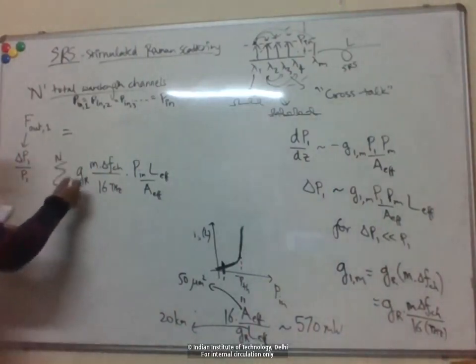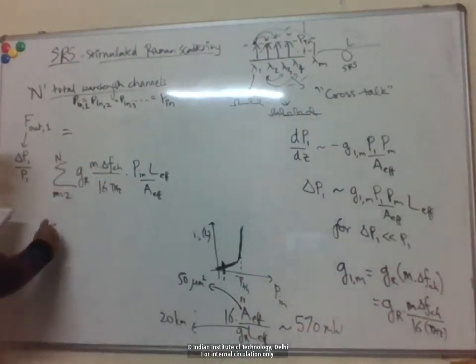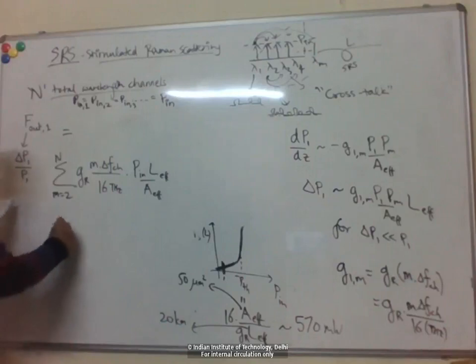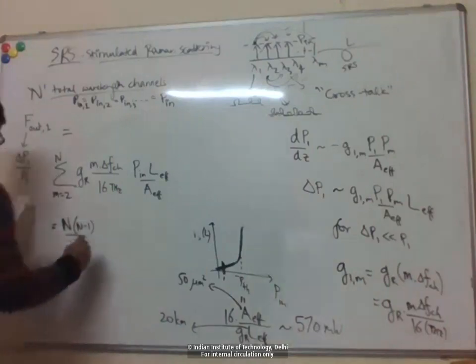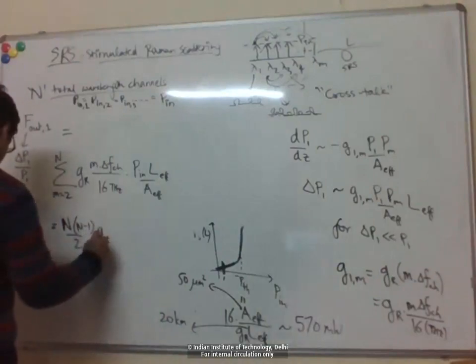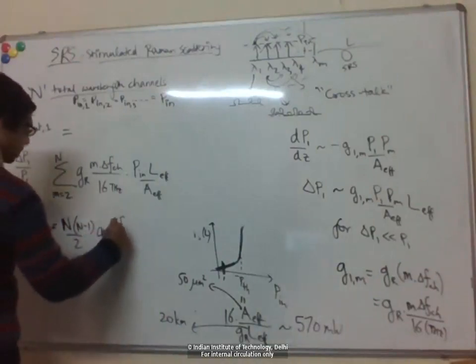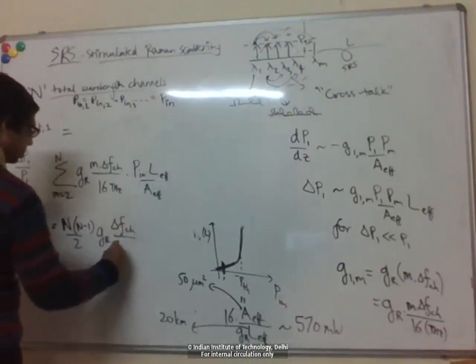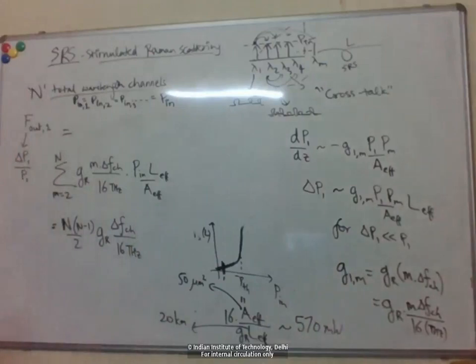Okay, so that's a standard formula for that. So this you just get n times n minus 1 by 2. Then the peak Raman gain. Then the ratio of the channel spacing to this Raman shift frequency.